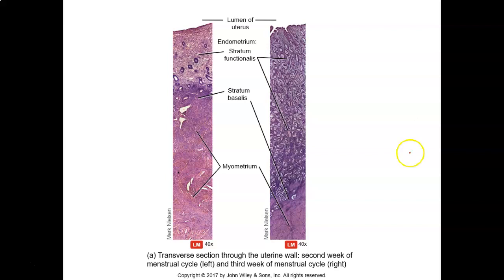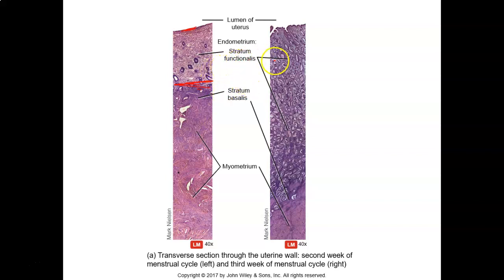So here, on this left side, this is early on, 10 days, 2 weeks, something like that, earlier on in the ovarian and uterine cycle. Pay attention to the stratum functionalis. That goes from here to approximately here.